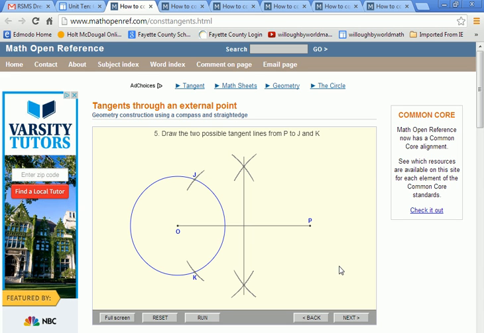Now this intersection between the arc and the circle is my point of tangency. So I'm going to draw through this point and this point a segment. That's a tangent line. Repeat the process at K. That's your other tangent line. And there you have it.